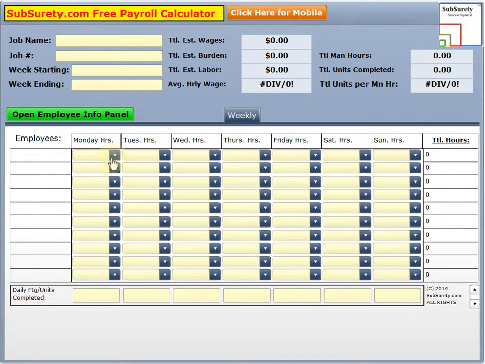Basically, what the free payroll calculator does is it gives us information that a lot of subcontractors really don't calculate for themselves and really know. They kind of go off their gut feelings. For instance, what their average hourly wage is, how many units per man hour, that kind of thing.